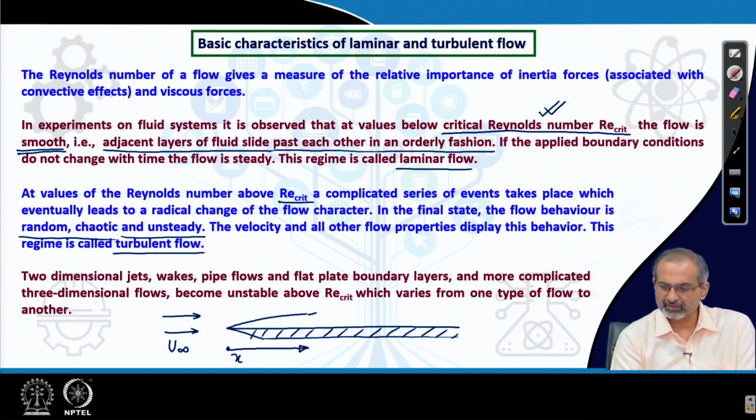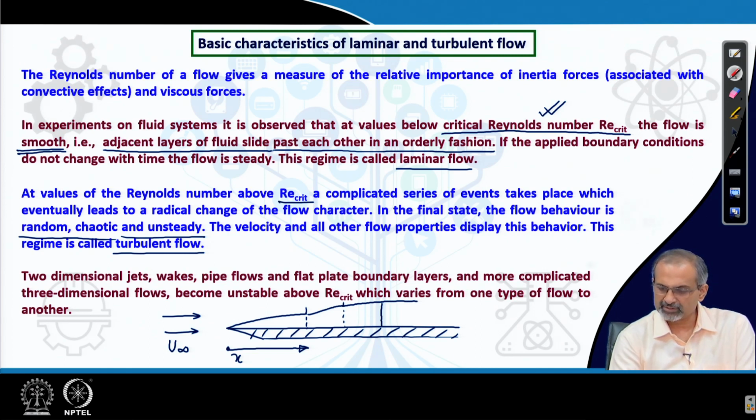Now, these changes, due to the onset of instabilities, actually occur over a certain finite length. It is not that it suddenly happens at one location, but once that is crossed, you have a completely turbulent flow.